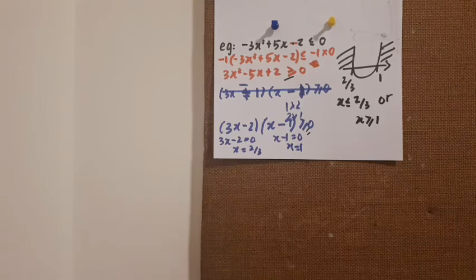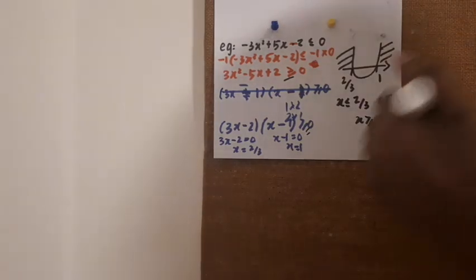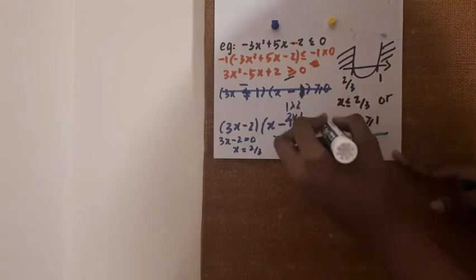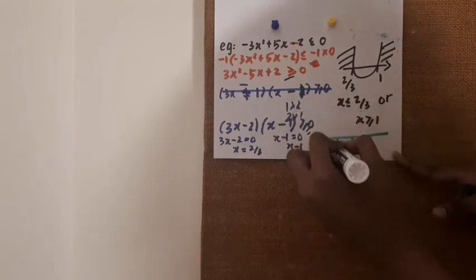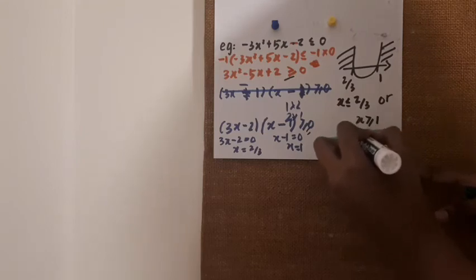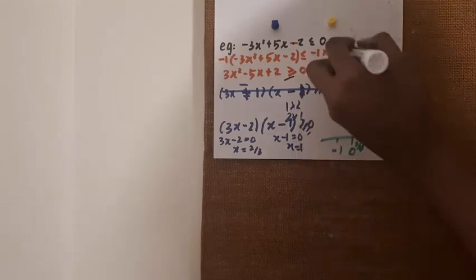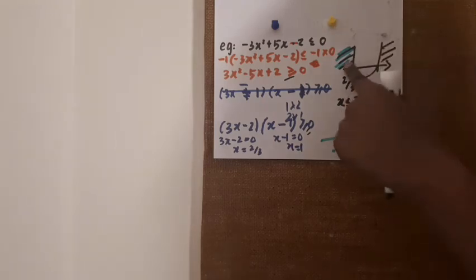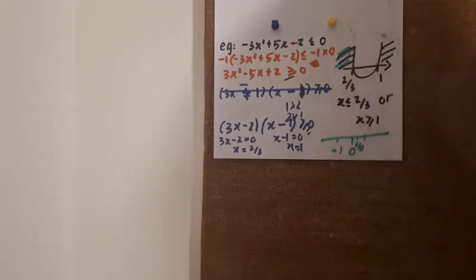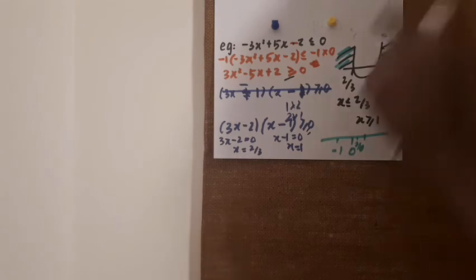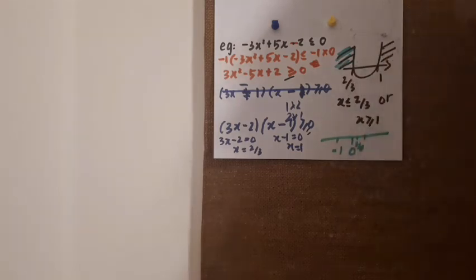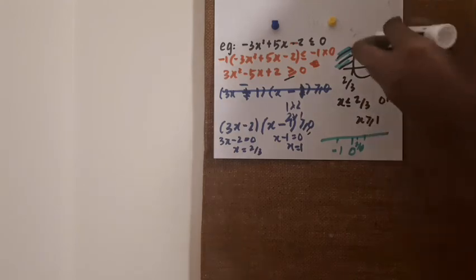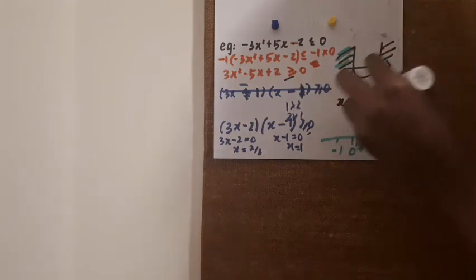Because if you use your number line knowledge, when we draw the number line, if this is 0, this is negative, this is, let's say, 1, and we have 2 over 3 here, we have shaded this part of the curve, which shows the values before 2 over 3. And we know that before 2 over 3 are the numbers which are less than 2 over 3, and so we write less than or equal to 2 over 3.